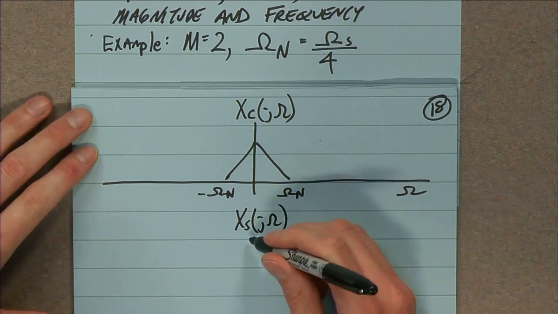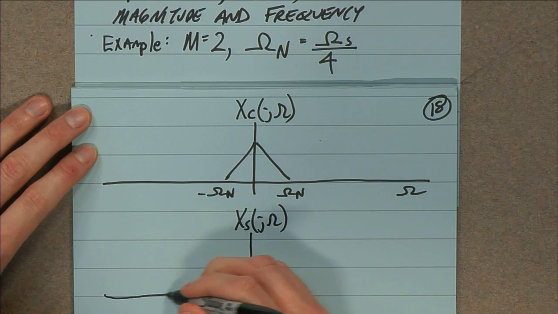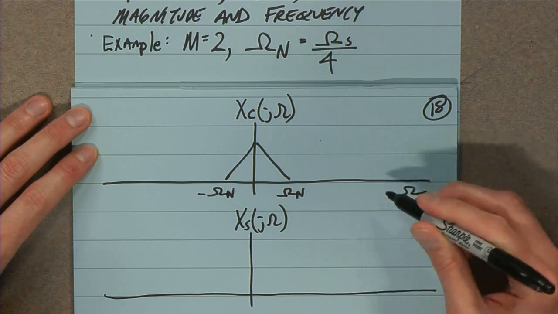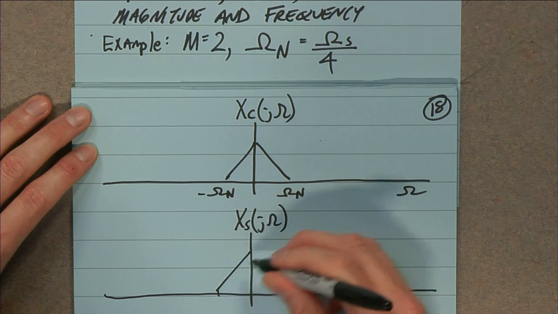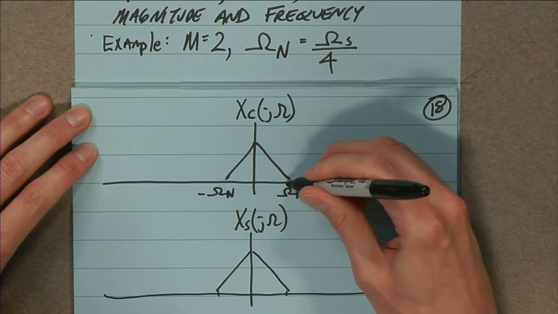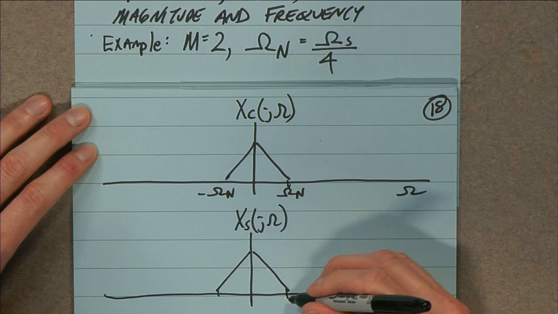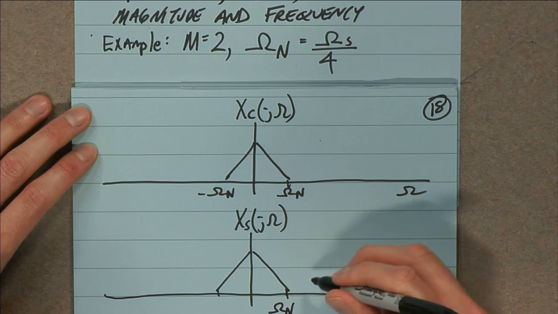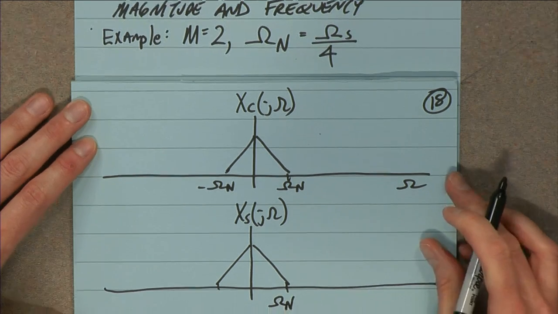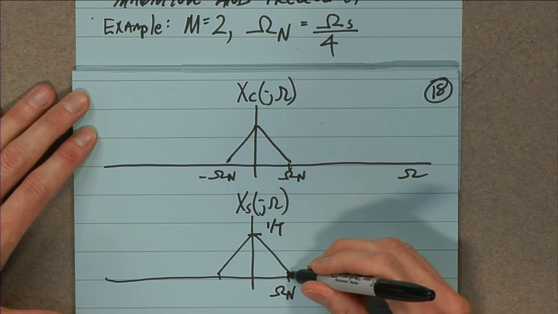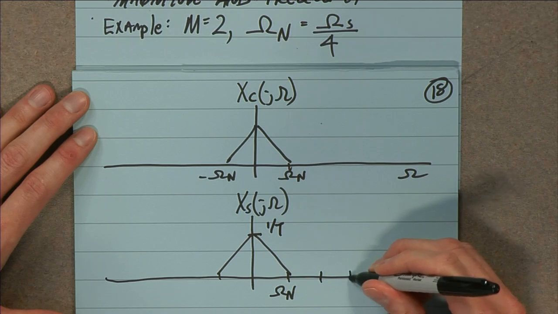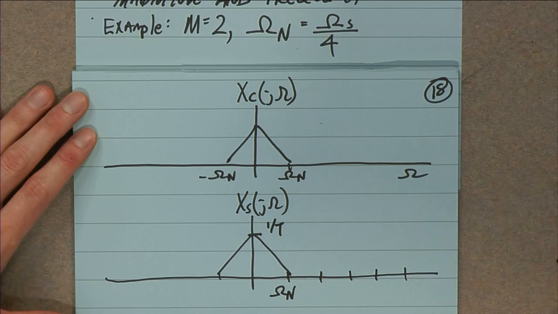We go back to our expression for what the sampled version of this signal looks like. And we've been here before. Let's see, that's omega n. We get a whole bunch of shifted copies that are scaled, right? And that's omega n, 2 omega n, 3, 4, 5.